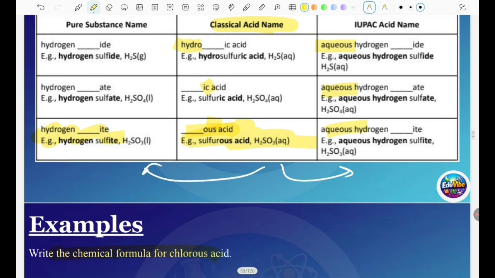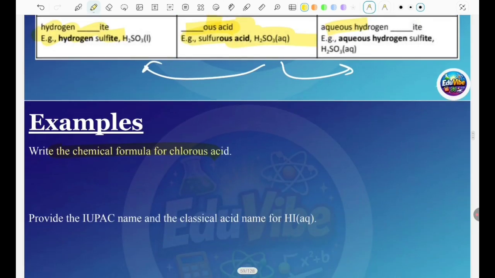So if we break this down, chlorous in this form can be written as chlorite. And this has to have H plus because this is an acid.